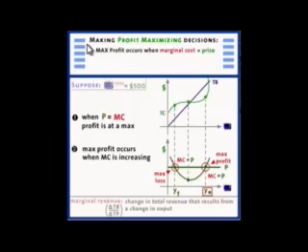Y-star, where marginal cost is increasing, is actually the point of profit maximization. So our two conditions are, first, price equals marginal cost, and next, that the marginal cost curve itself must be upward sloping at that point. Marginal cost must be increasing. If those two conditions are satisfied, then the firm is maximizing its profit in the short run.